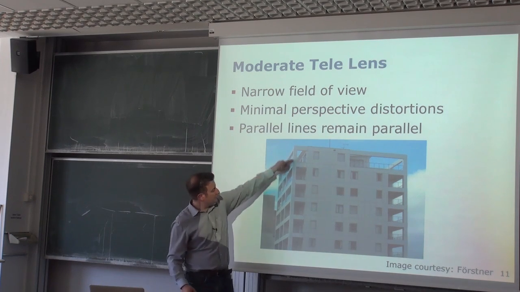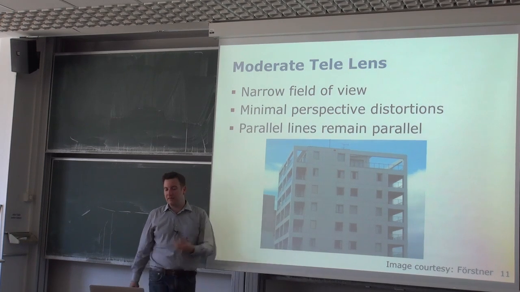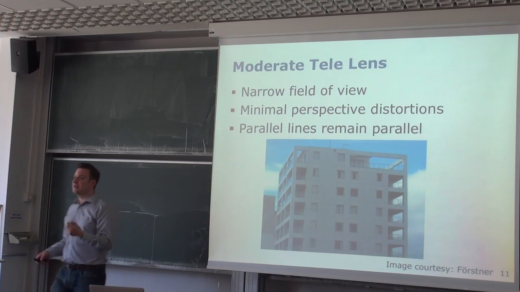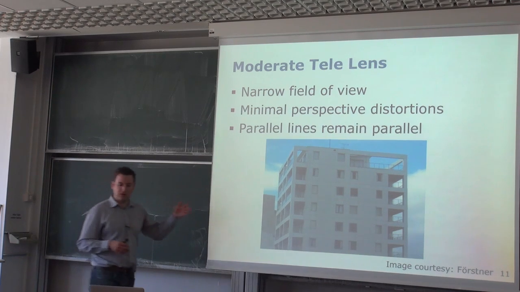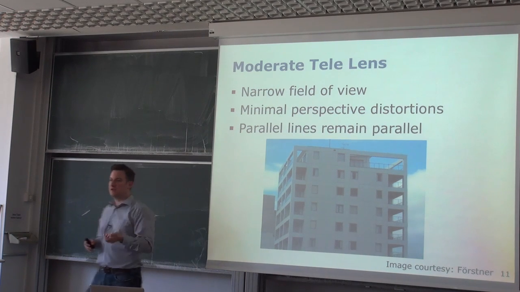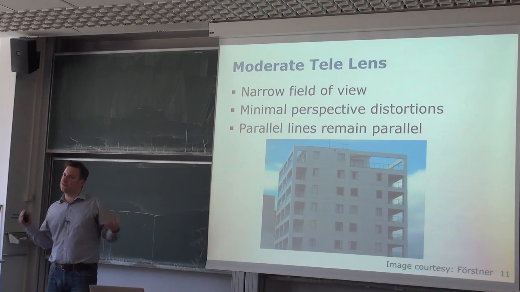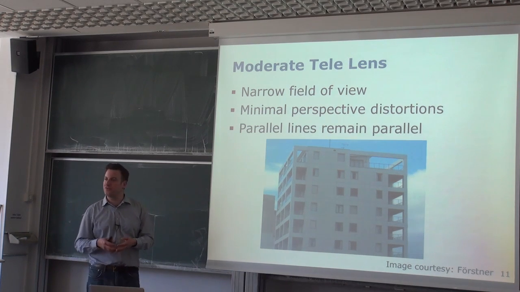We have several lines which are in reality parallel, like these ones over here, and they stay parallel, and straight lines stay straight, so not distorted. This is something we often want in the images that we obtain, for example, that straight lines are still straight. At least if you want to analyze the geometry of the scene, that simplifies the process.